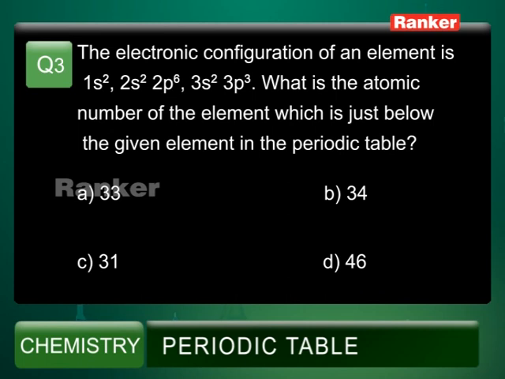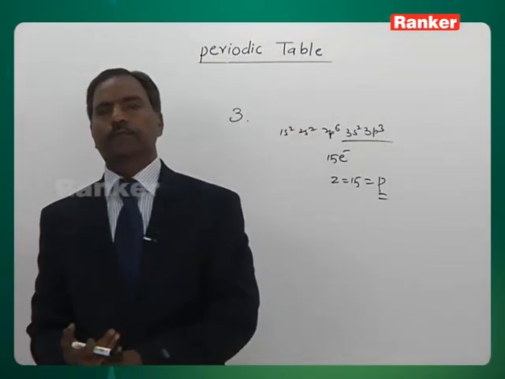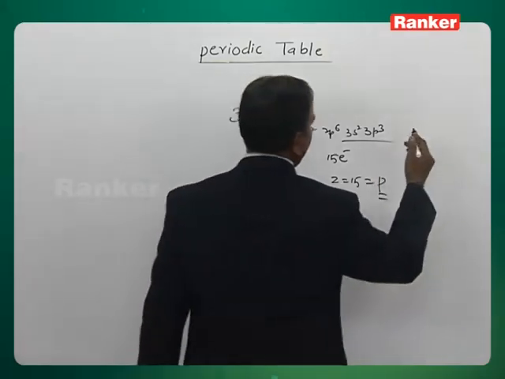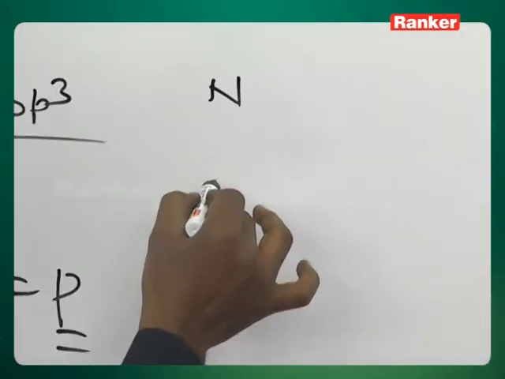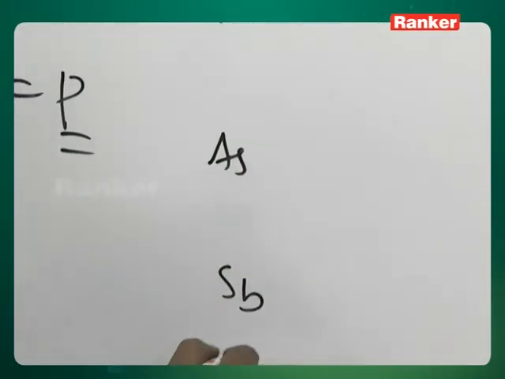What is the atomic number of the element which is just below the given element in the periodic table? This phosphorus belongs to the 15th group. The group elements are nitrogen, phosphorus, arsenic, antimony, bismuth.